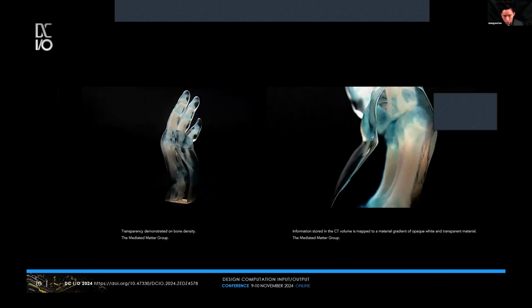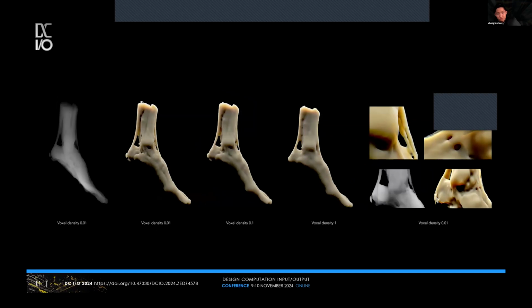Then, moving on, I tried focusing on the functional graded material, which can often be found in the human body, especially inside the bone structure and the tissue between bone and bone.